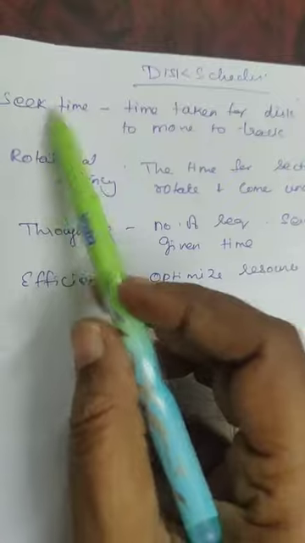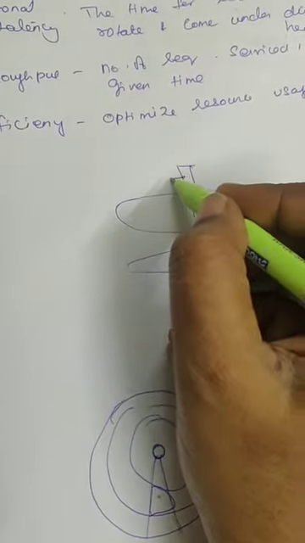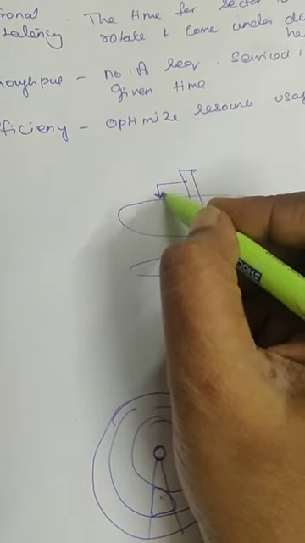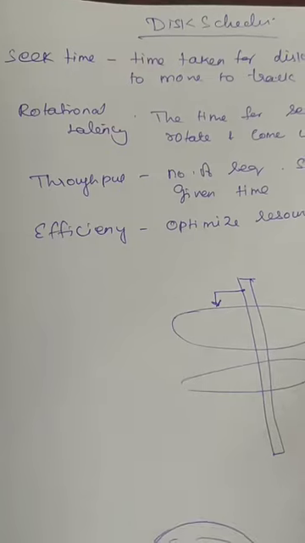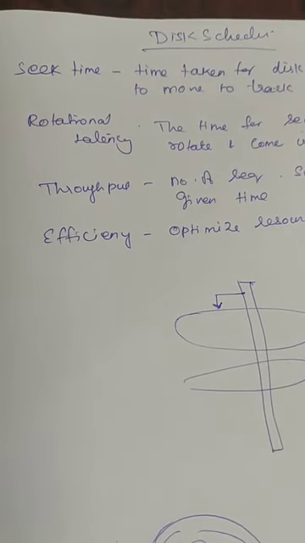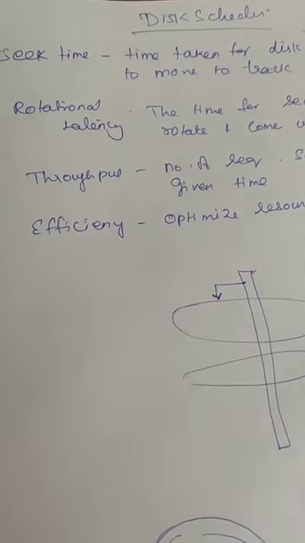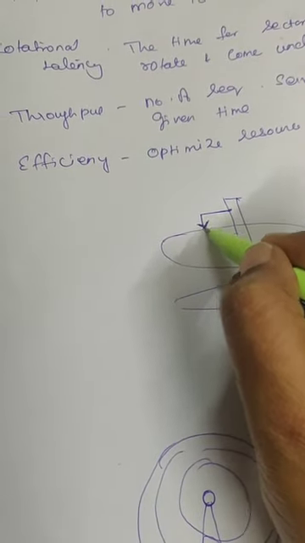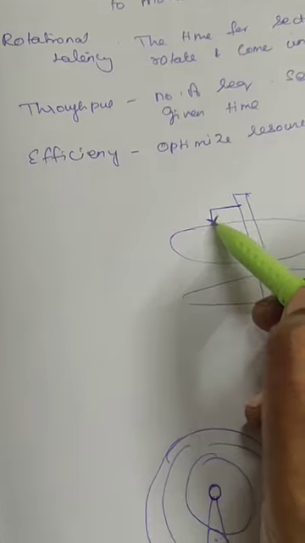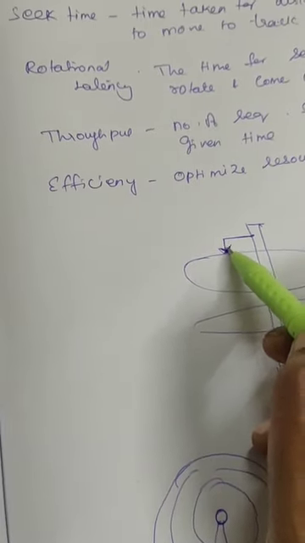One is seek time. Here you will have the read write head, like you would have seen in the older days, like the tape recorder kind of thing. The read head will be placed on the disk, and when there is a touching effect, it will read the data.